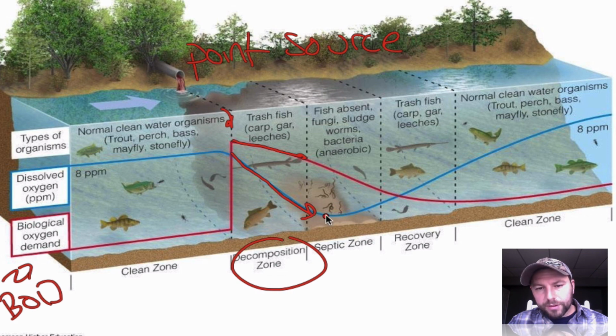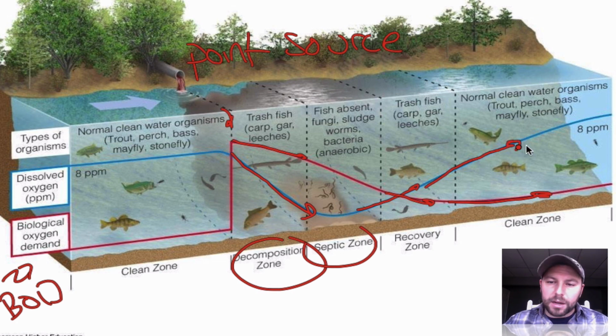At the same time, we'll have a bit of a decrease in oxygen until finally we're getting to our recovery zone. At this point, decomposition is pretty low and will remain low, and then as time goes on and we get our distance away from that point source of pollution, our oxygen levels will bounce back up to where they were previously, or hopefully. And at each stage, whether we're in a decomposition zone, septic, or recovery zone, you can see there's a number of different fish that we see in that area.